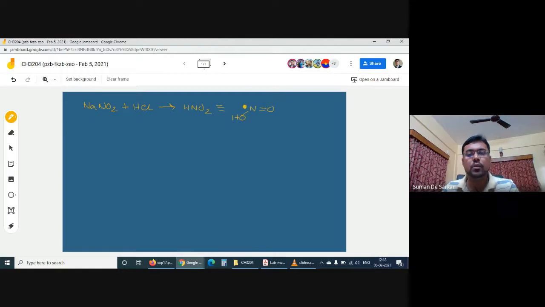If you check the procedure, we have added enough acid, so more protons are around. The oxygen, with a couple of lone pairs of electrons, will catch one of the protons and become OH2 plus, which is ready to leave. Once this leaves, nitrogen loses the bond pair, so it forms NO plus.